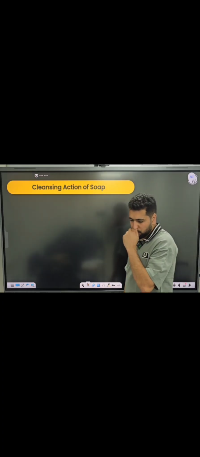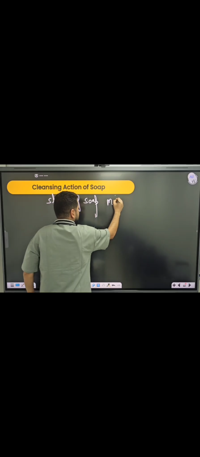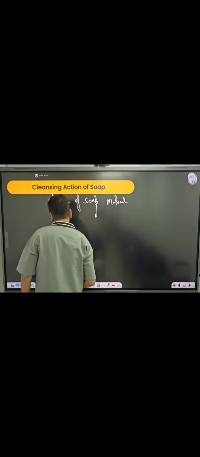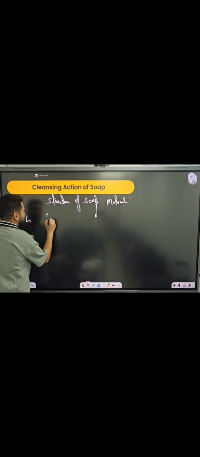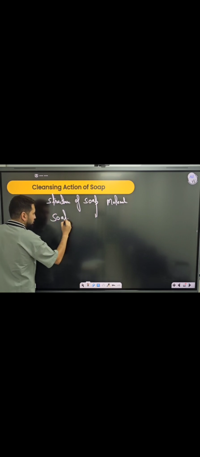Now the cleansing action of soap, how soaps actually work. For that, we need to understand the structure of the soap molecule, right? Let me tell you guys, if I talk about soap, a soap molecule has two parts.